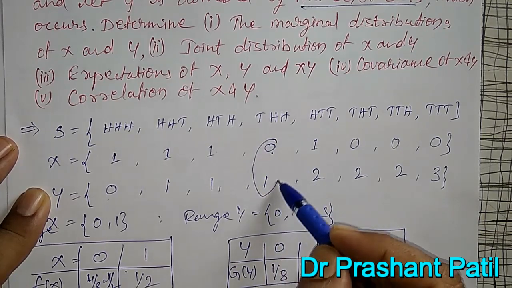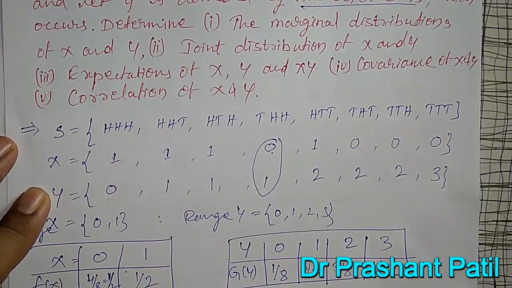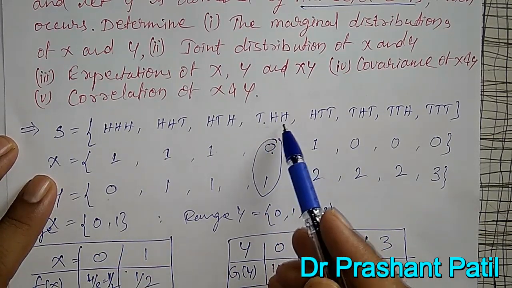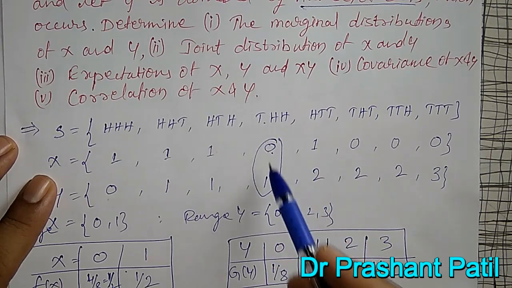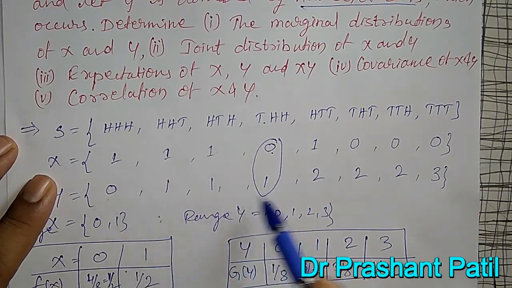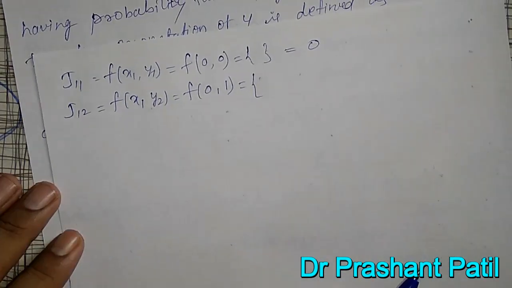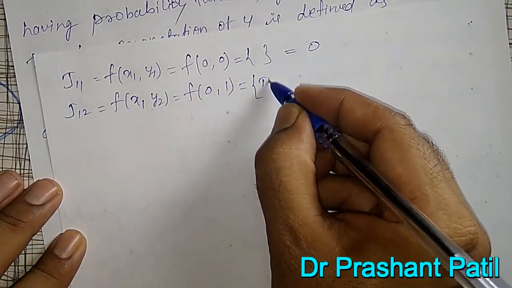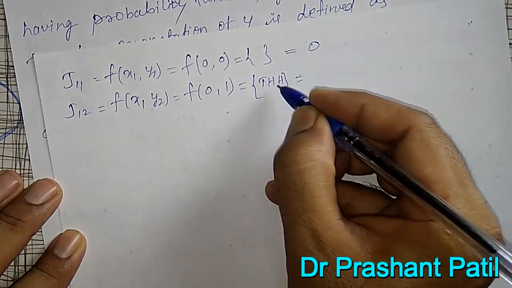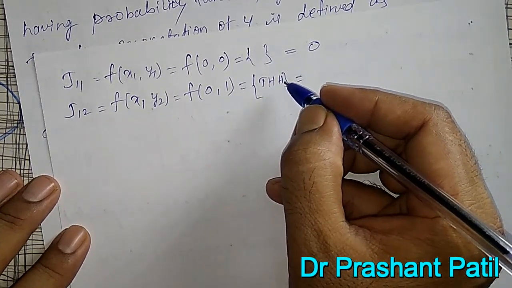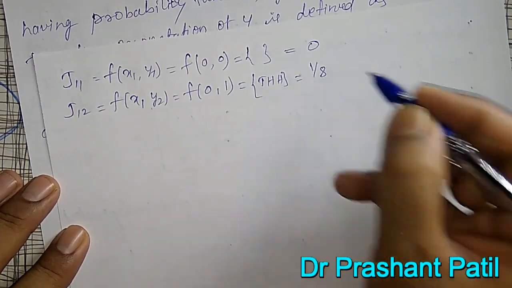Only one possible case is there, that is tail head head. The first coin is tail and the total number of tails is 1. Only one possible case, therefore its set is tail head head. This is only 1 out of 8. Therefore, its probability is 1 by 8.